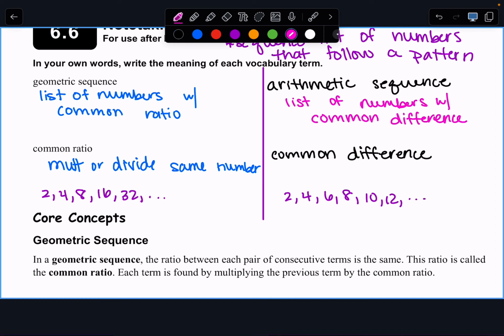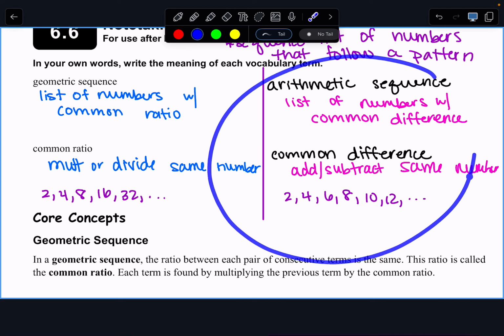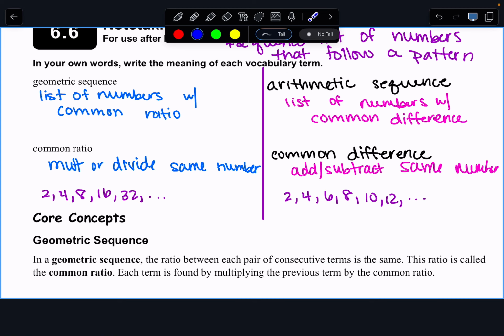So when we have an arithmetic sequence, we are going to add or subtract the same number over and over. I'm not going to make you do a whole lot of writing the rules or anything, but we need to be able to recognize: are we multiplying by the same number over and over, or are we adding the same number over and over? If we're multiplying by the same number over and over, we have a geometric sequence. If we're adding the same number over and over, we have an arithmetic sequence.